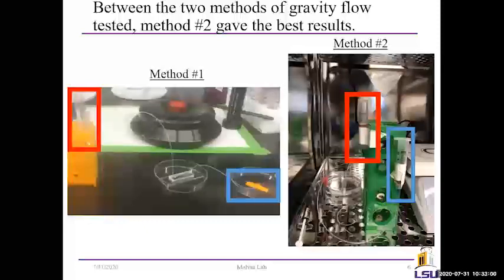So approximately every 24 hours, we would come back in and refill our reservoir. And so in that 24 hours, how much did the level change in the syringe in red? The goal was that almost all of the water would flow out of it at a rate of 100 microliters an hour.